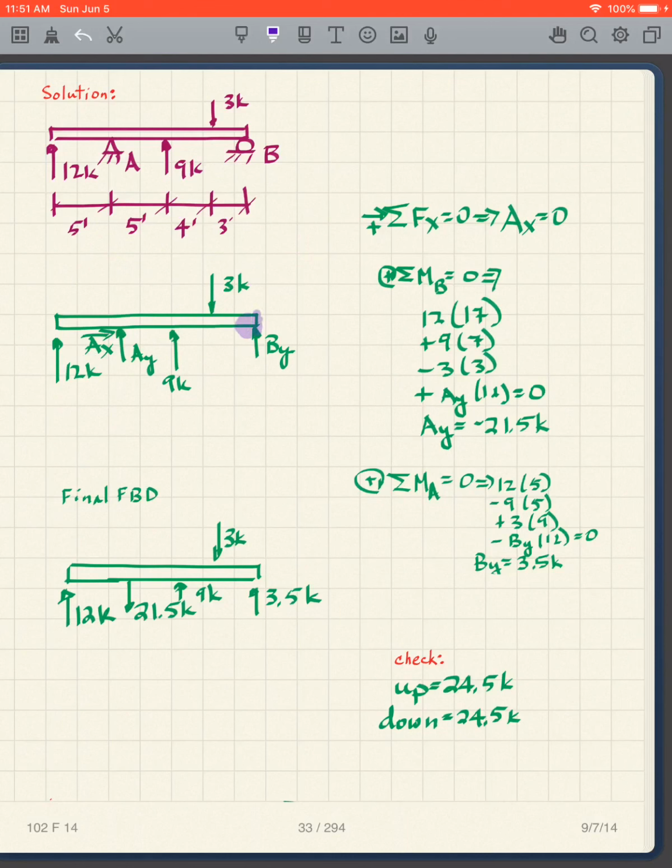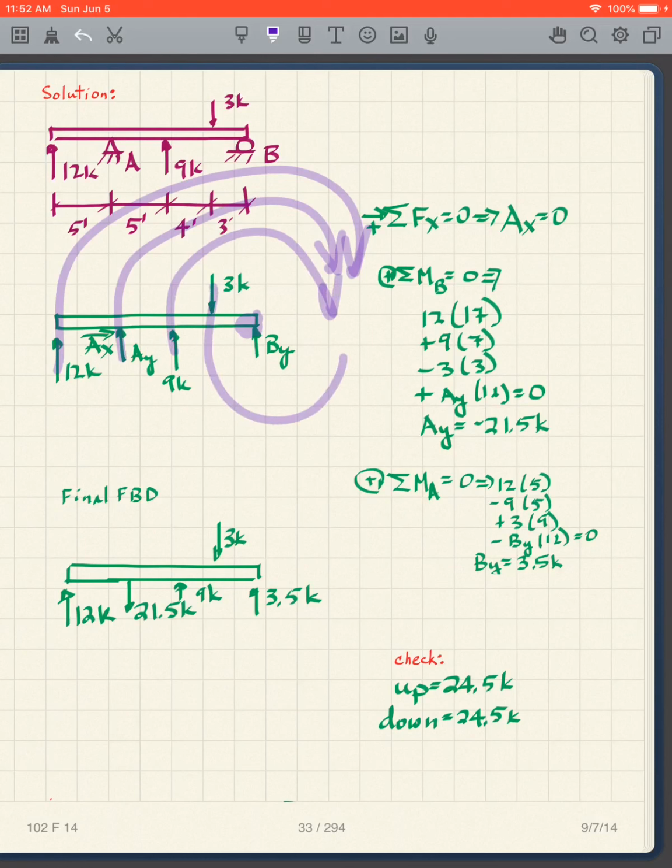Moments about B, 12 times 17, AY times 12, 9 times 7, 3 times 3, and the signs, clockwise positive, counterclockwise negative.